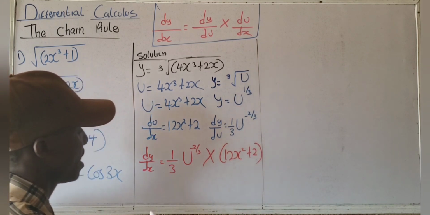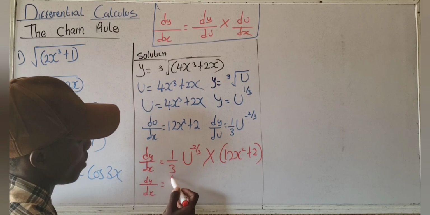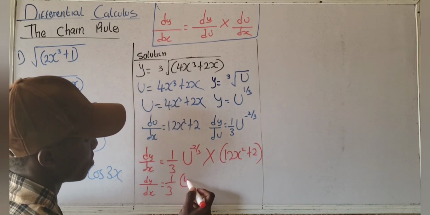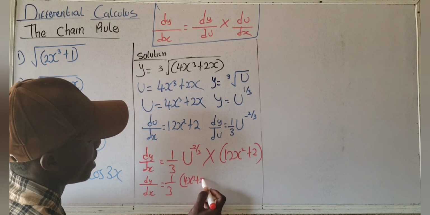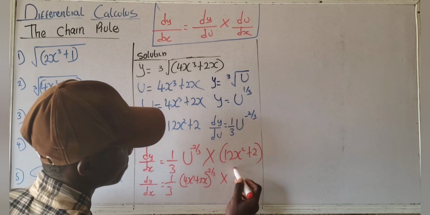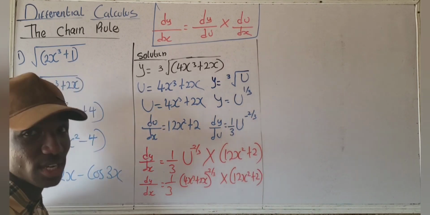Here I'm going to have dy all over dx is equals to 1 over 3 multiplied by what is u? u is 4x raised to the power of 3 plus 2x, raised to the power of negative 2 over 3, times 12x squared plus 2. I'm very sure you understood what I did here.